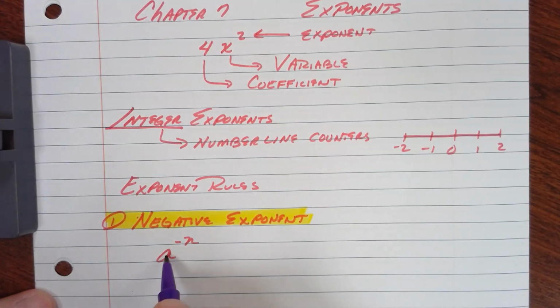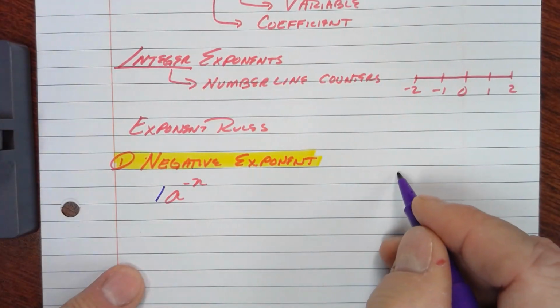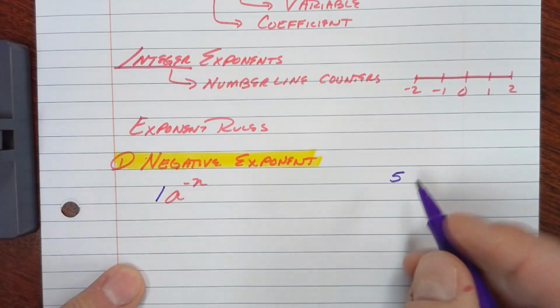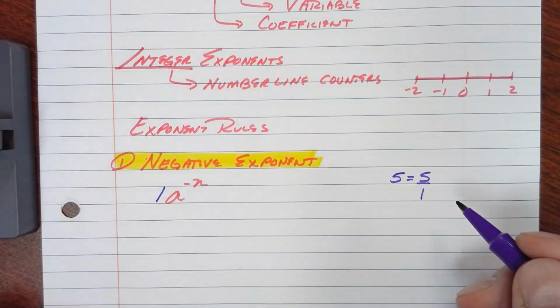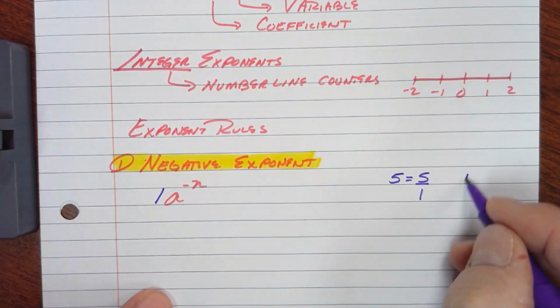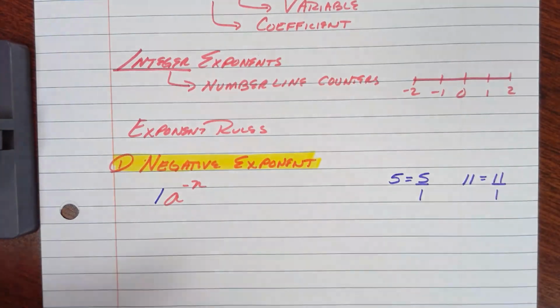We know in front of any variable, if there is not a number there, it's assumed to be a 1. The second thing we know is that any number over 1 is itself. 11 is equal to 11 over 1. 5 is equal to 5 over 1.